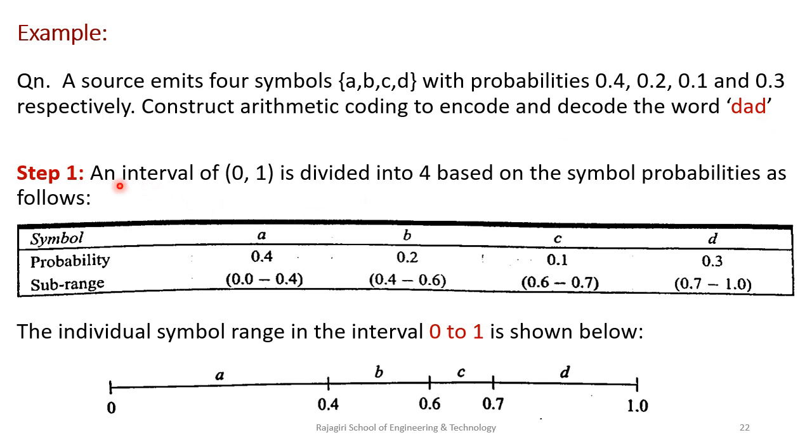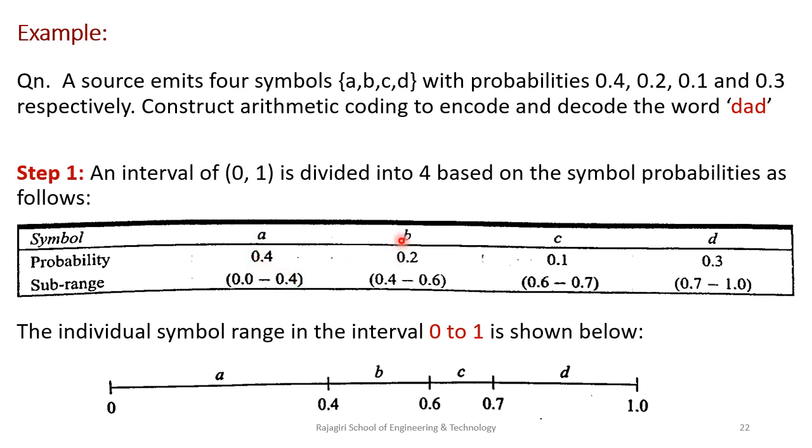So in the first step, we are going to consider an interval 0 to 1. This interval is going to be divided into 4 based on the symbol probabilities. The subrange of A is 0 to 0.4 as the probability of A is 0.4.